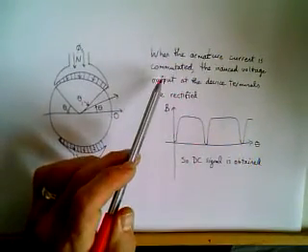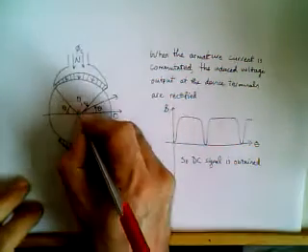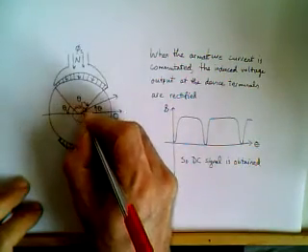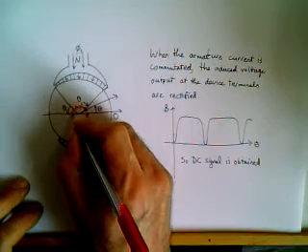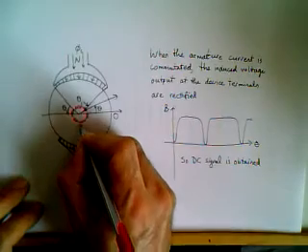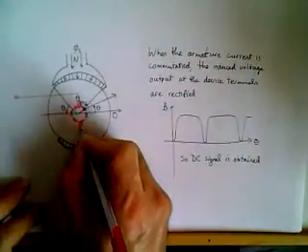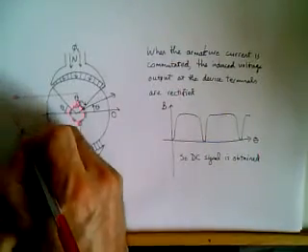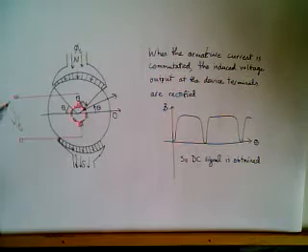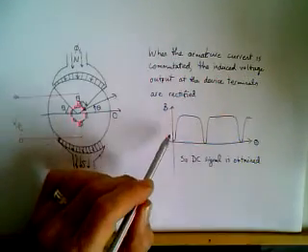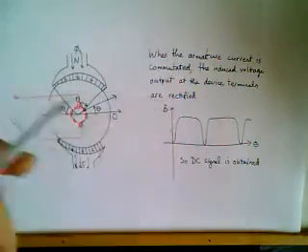When the armature current is commutated, the induced voltage output at the device terminals is here. Here are the commutator conductors, and we have brushes, and these brushes have terminal outputs. At the brushes the voltage is rectified, as if we were rectifying the B field.